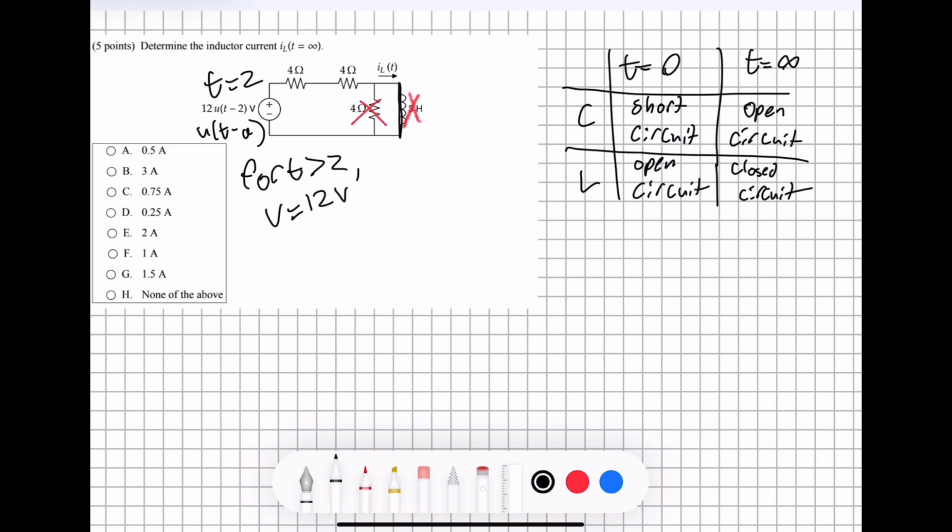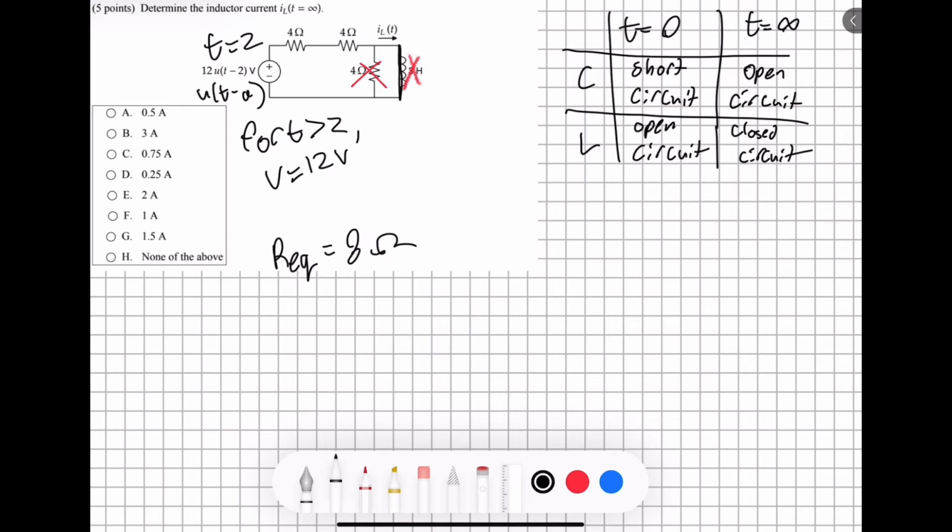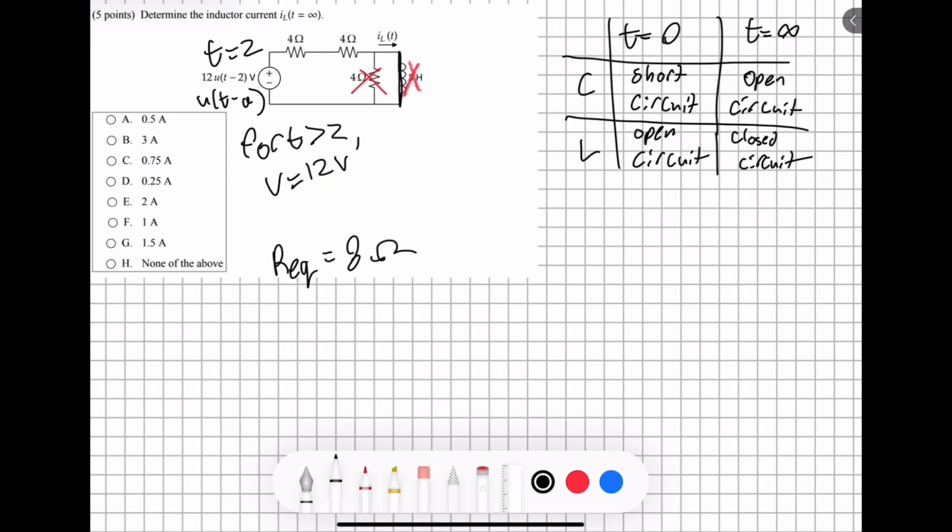All right, last thing we've got to do is find the equivalent resistance of these 2 resistors. Because they are in series with each other, we can remember that resistors in series are just added together, so our equivalent resistance is going to be equal to 8 ohms, because 8 ohms is 4 plus 4. Based on that, we can now use Ohm's law to solve for the current in the circuit.